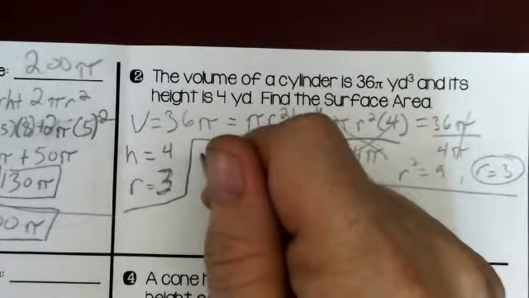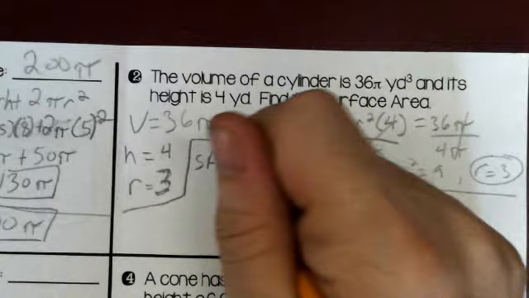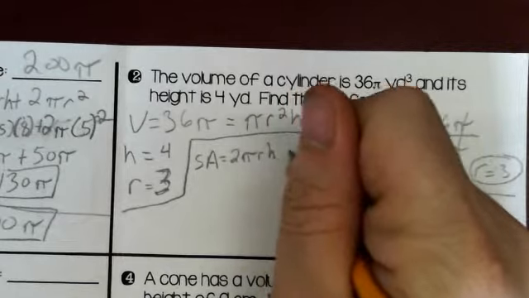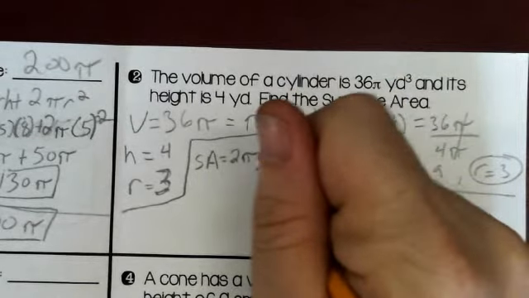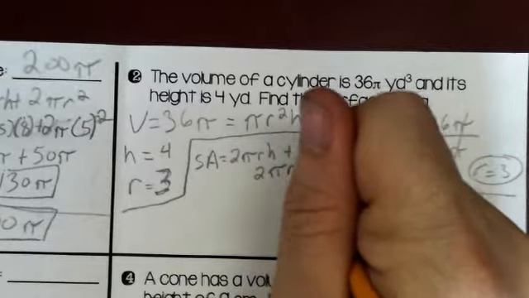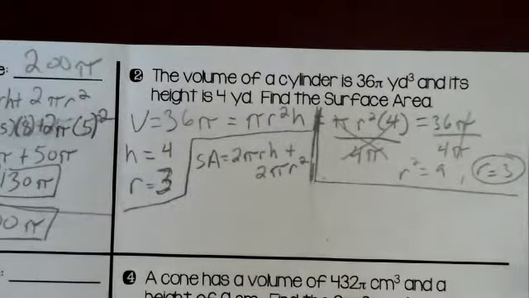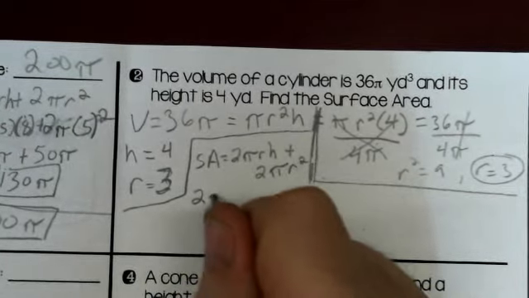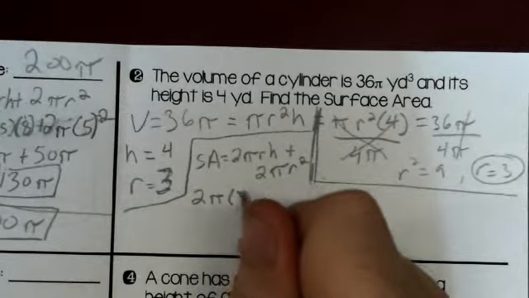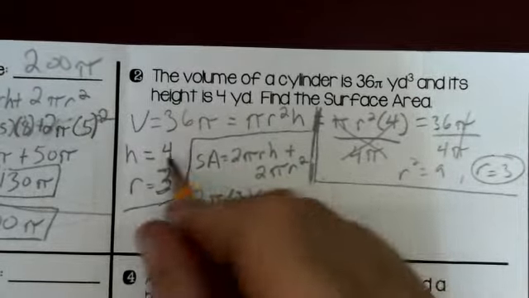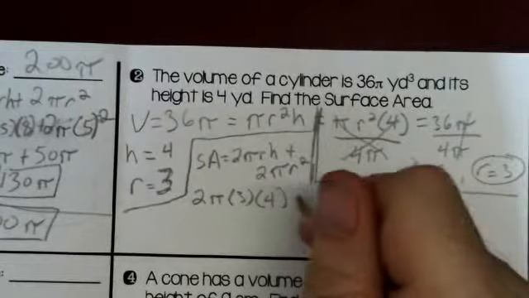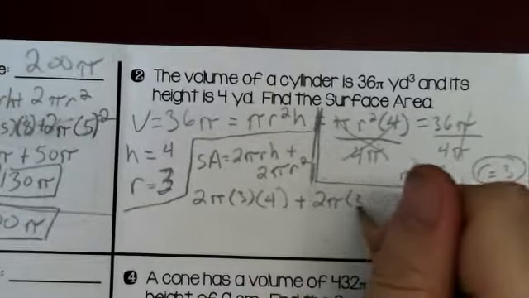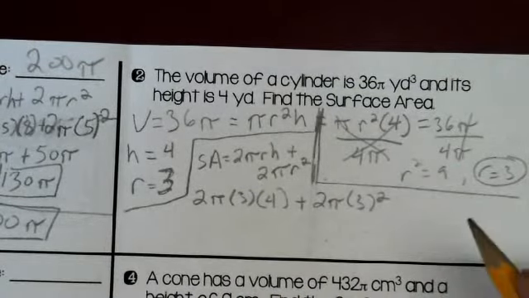Now remember our surface area. That is 2 pi r h plus 2 pi r squared. So that means that we need to do 2 times pi times my radius of 3 times my height of 4 and add 2 pi times my radius of 3 squared.